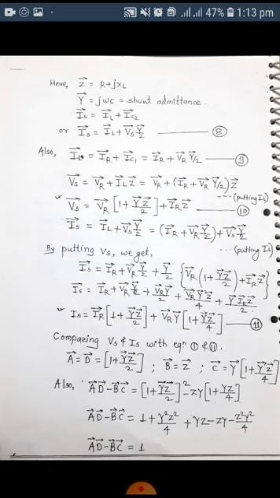And if I find AD minus BC, obviously we will get it equal to 1. In this way, we can obtain all the generalized circuit constants, nothing but ABCD parameters, for the medium transmission line by nominal pi method, which are very important and useful for the simplification and analysis of medium transmission line.